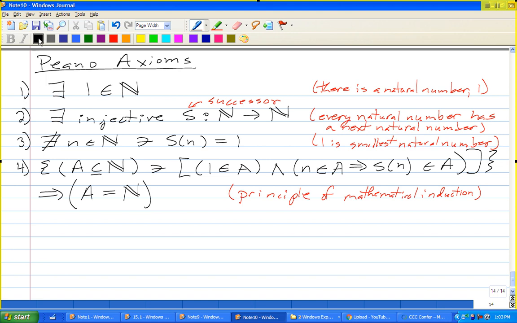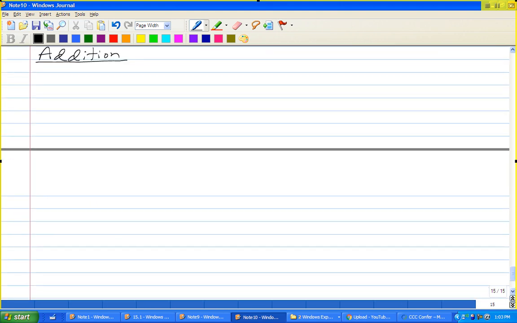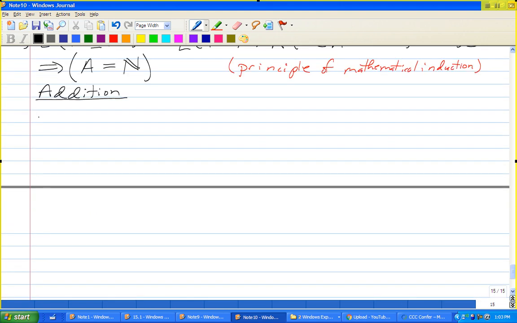So let me define addition. If I have some natural number n, then I'll define n plus 1 as the successor of n.